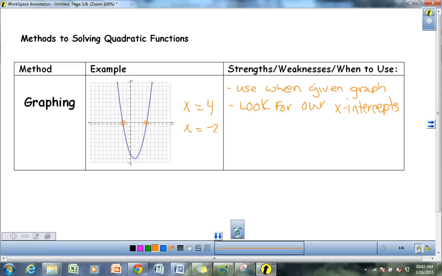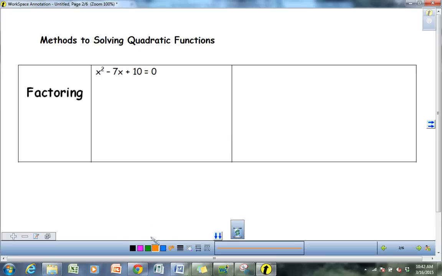Okay, next method we have factoring. So for factoring, we can draw our box and put, oops, that's a bad box. Let's try that box again. Okay. Your box might look better than mine.